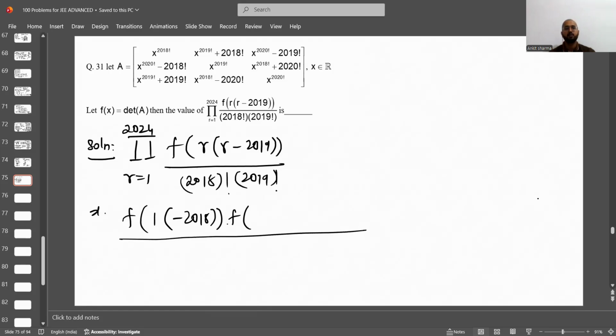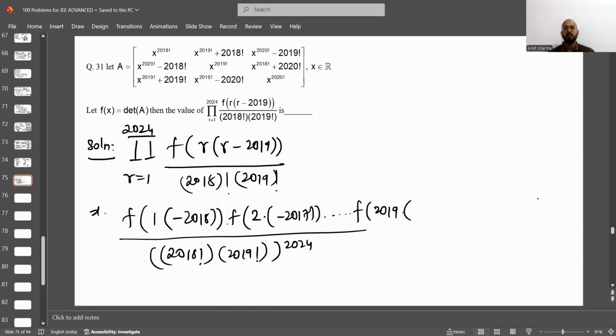So we can just write at the bottom 2018 factorial into 2019 factorial to the whole power 2024, because they will be repeated 2024 times. So now next here is 2 into minus 2017, and so on. A stage will come when I'll be writing 2019 into 0, and then next will be 2020 into 1.